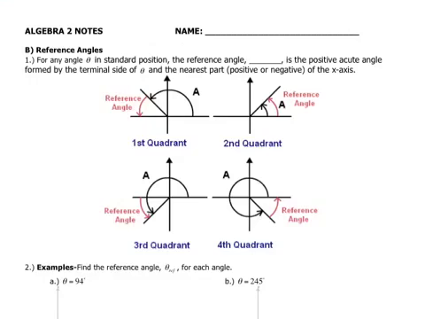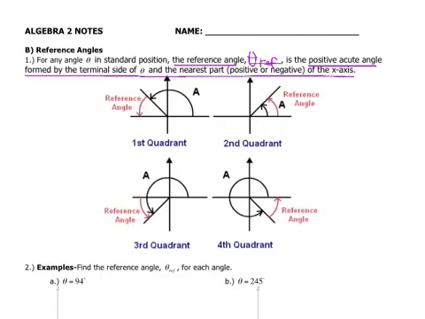Okay. For any angle theta in standard position, again, standard position is where your initial side is on the x-axis, what we call the reference angle, denoted by a theta with a subscript REF, for reference, is the positive acute angle formed by the terminal side of theta and the nearest part of the x-axis.